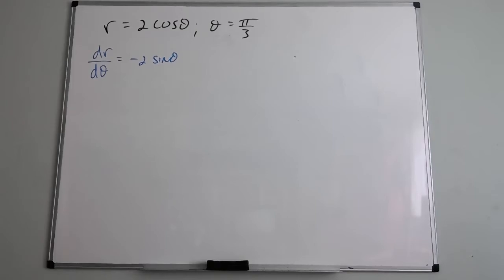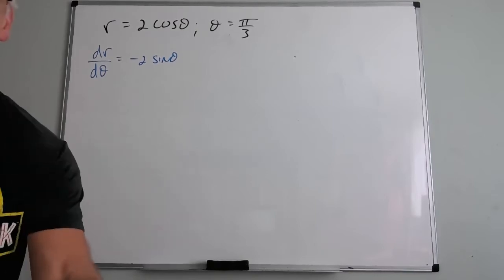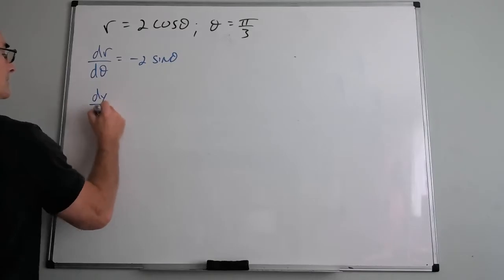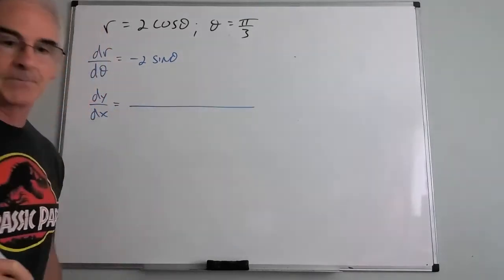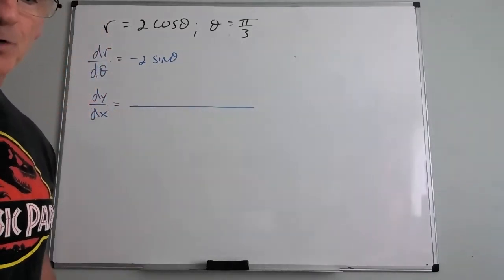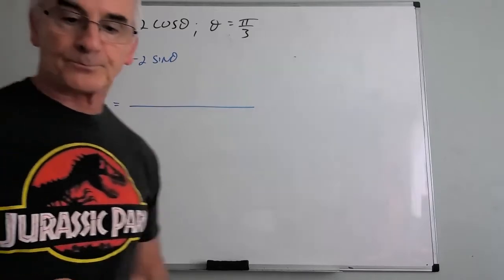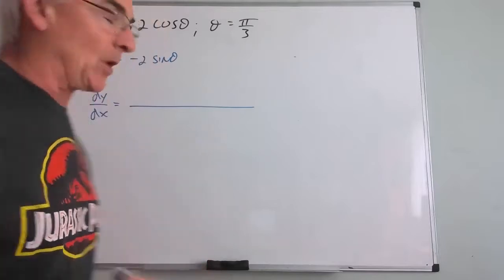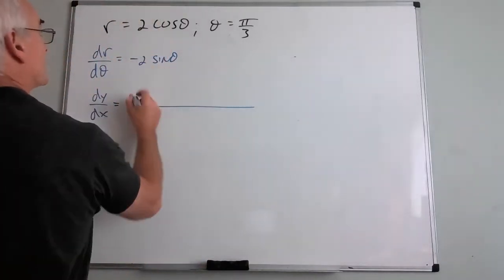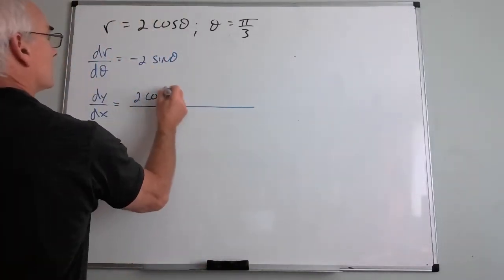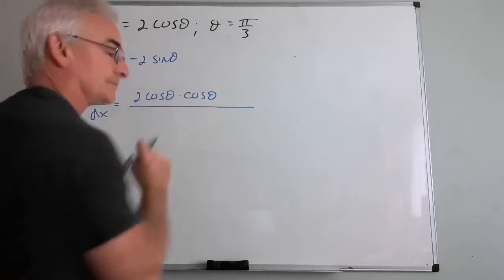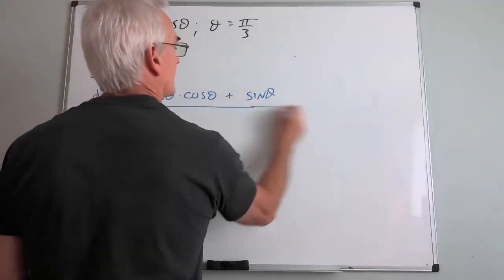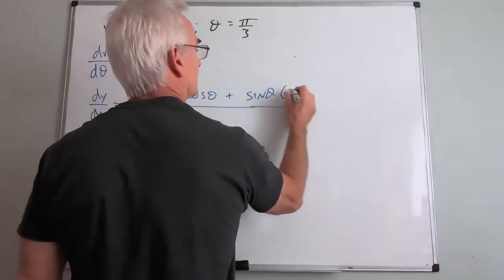So with that said, when I find my dy dx, remember the order of things. I'm going to take r times the cosine, and to that I'm going to add the sine times the derivative.